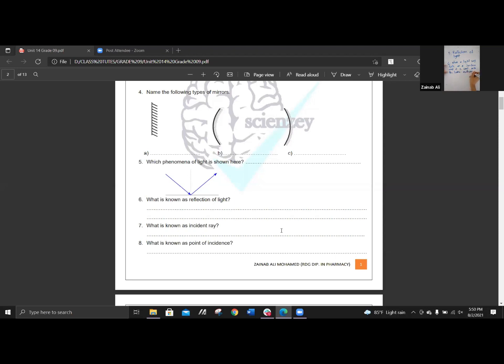Okay, now the seventh one. What is known as incident ray? So I told you, don't write mirror. Instead of that, you can write the words a smooth surface, right? The ray that falls on a smooth surface, you call it the incident ray. Okay, so it can be just surface also.